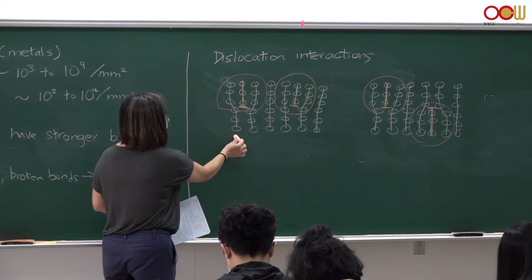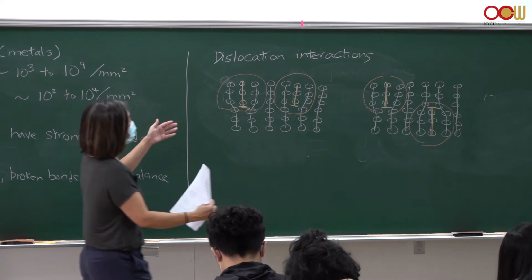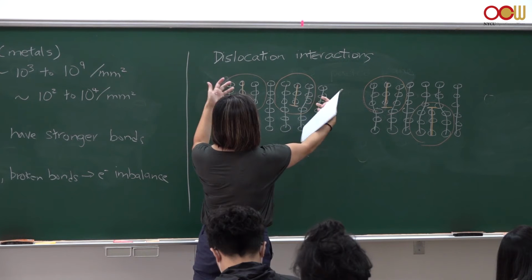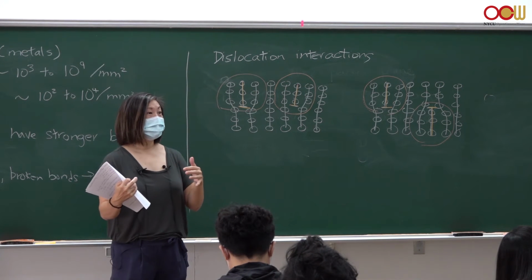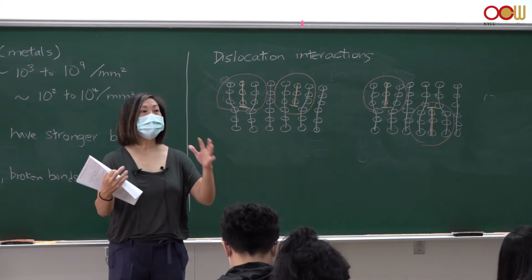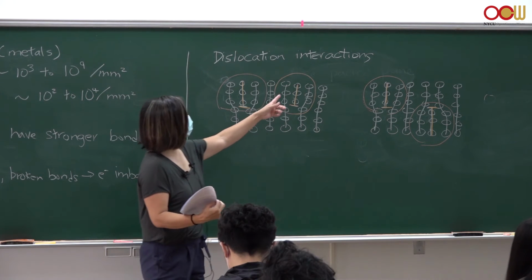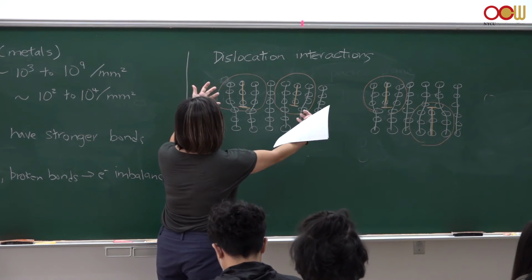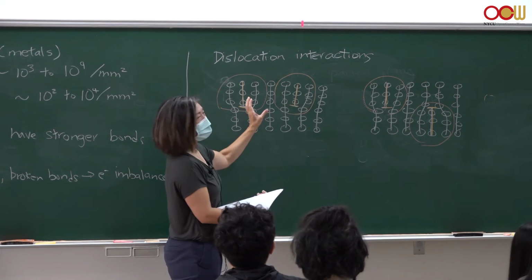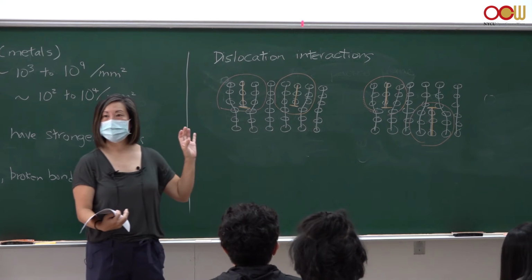If I were to try to move these two dislocations near each other, push them near each other, it's going to create even more strain, right? Because these materials are already kind of squished, pushed to the side. And if I were to try to move them together, the atoms will become even more out of place.